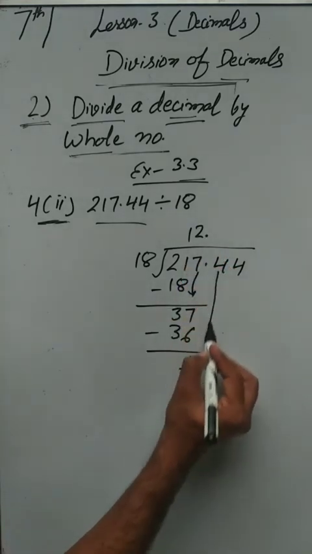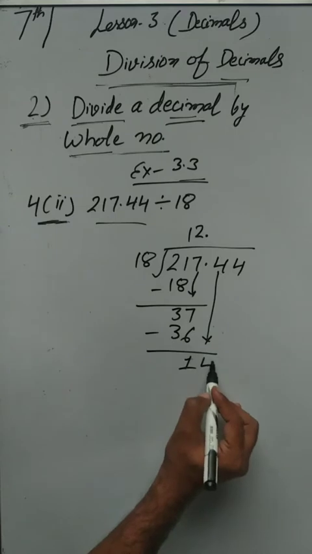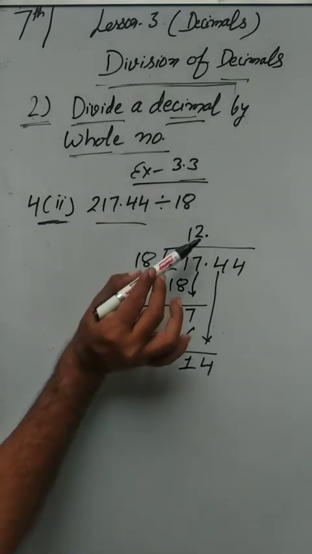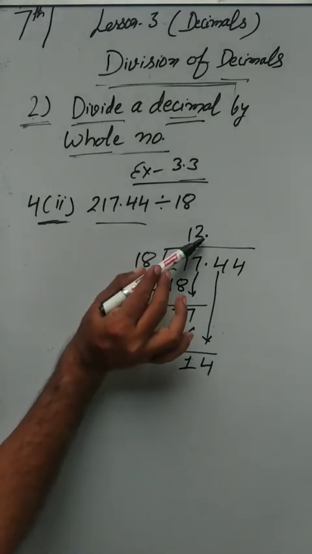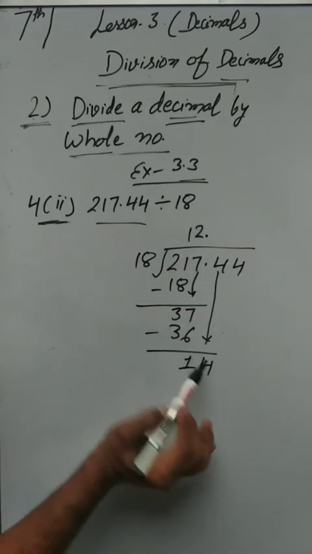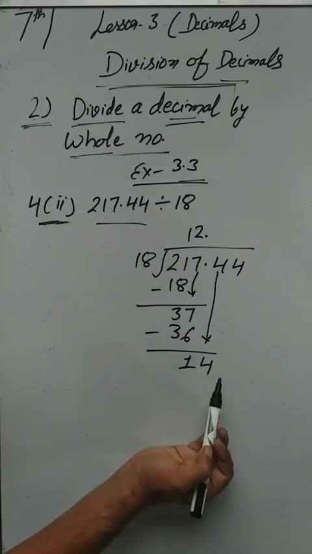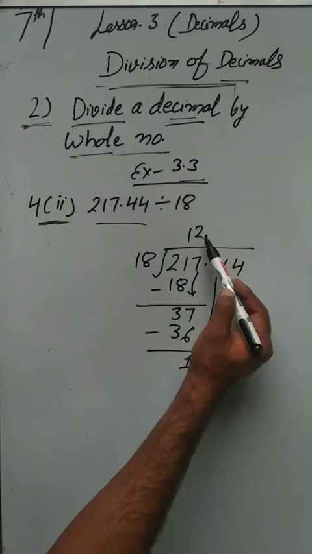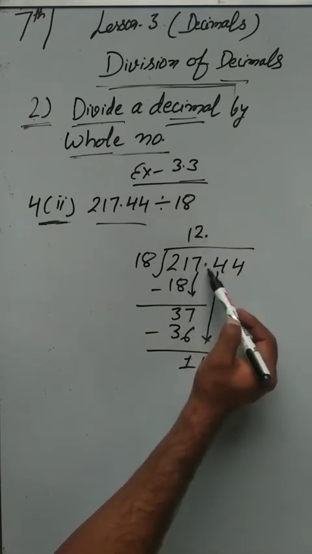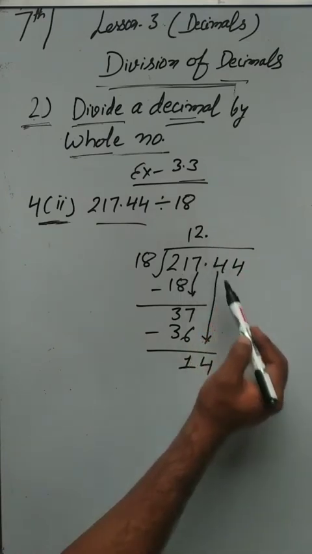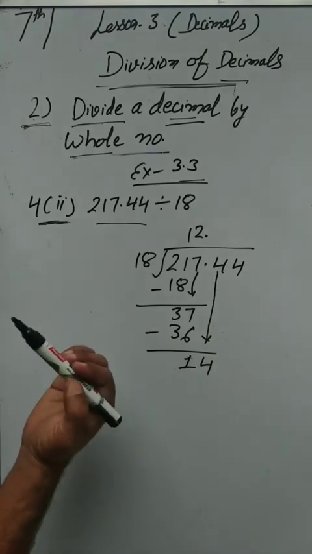Then you can put the next digit down. Not before placing the point in the quotient, you can't put the next digit down. Okay, firstly place the point. When the point comes here, you will place a point in the quotient, then put the next digit down.